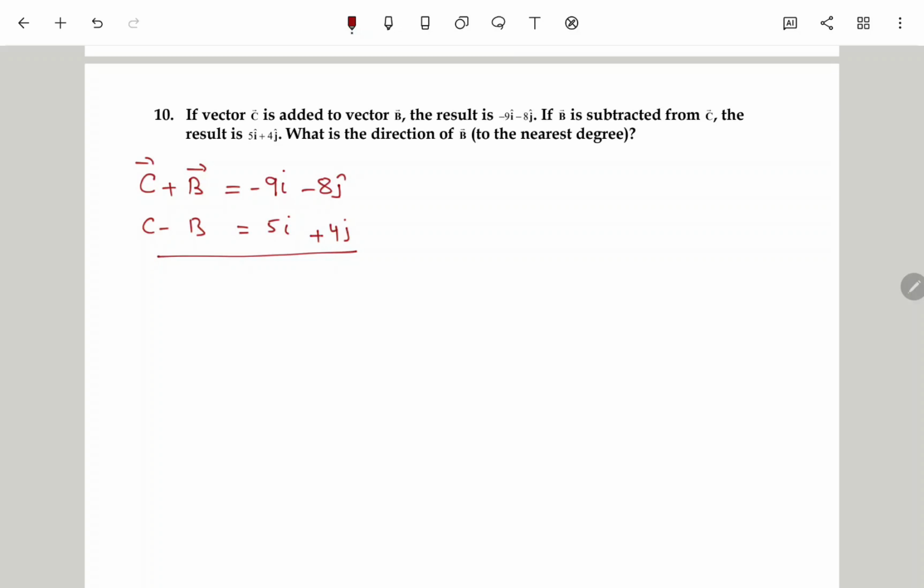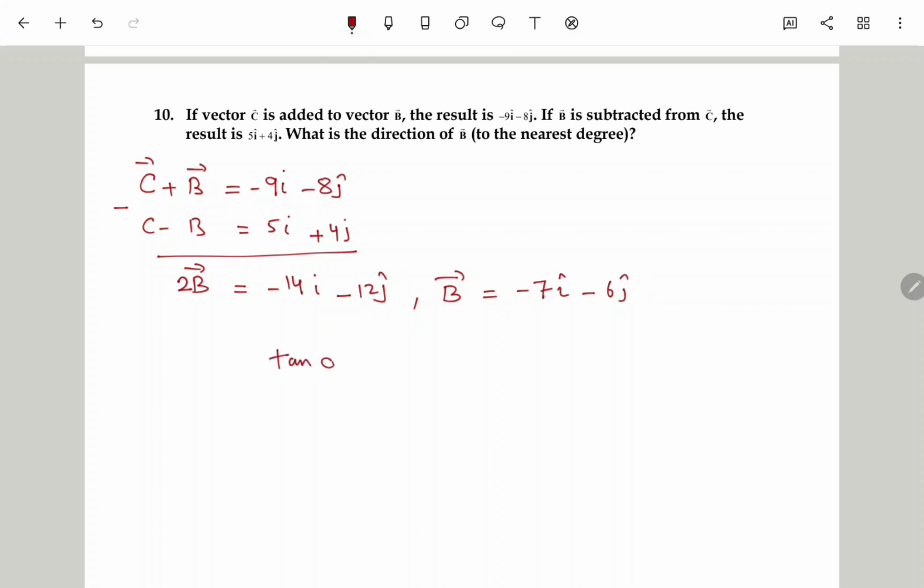In this case, you subtract these two vectors and you will get 2B equal to minus 14i minus 12j, or B equal to minus 7i hat minus 6j hat.